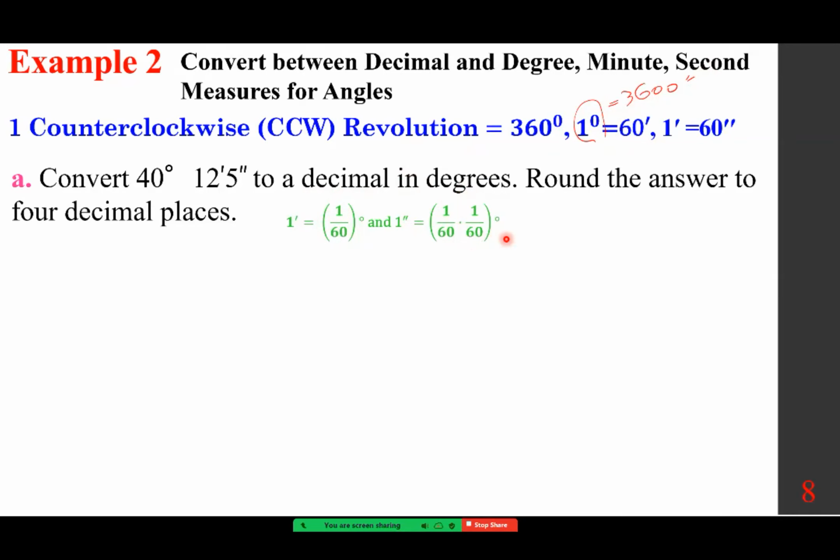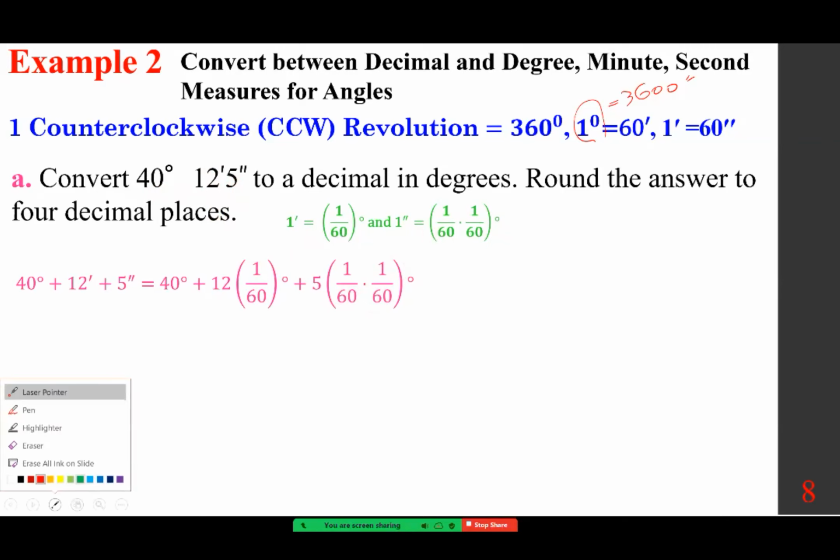So let's do it as follows. We write 40 degrees plus 12 minutes plus 5 seconds: the 12 times 1 over 60, and the 5 times 1 over 3600. You can write 1 over 60 times 1 over 60, or 1 over 3600 as I have here.